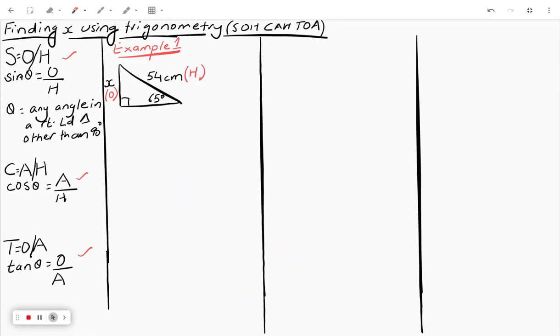Now when I look at the letters O and H in my right angle triangle, and I look at these three formulas, the only formula which has O and H together is the sine, isn't it? So that means I am going to bring that formula down here. I am going to write down sine theta equals opposite over hypotenuse to start with.